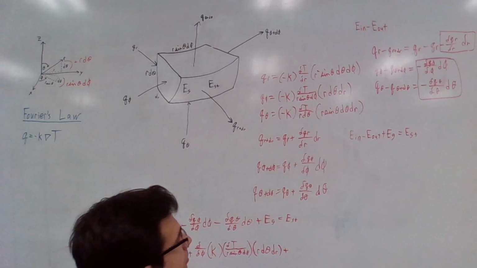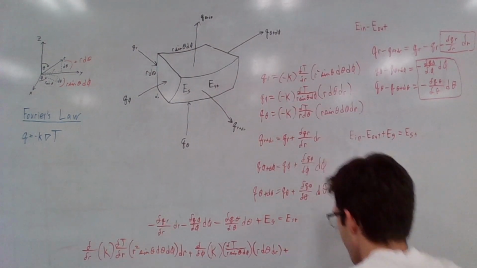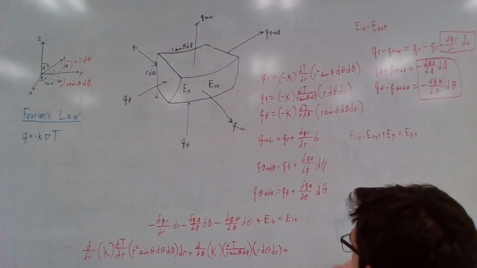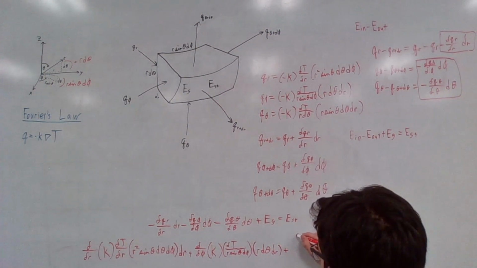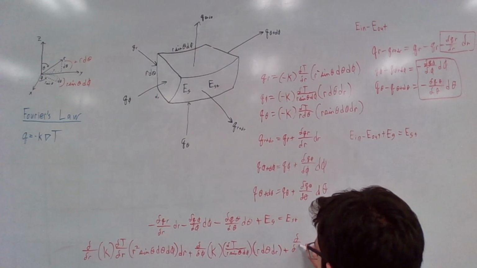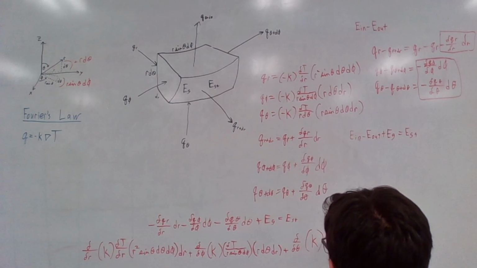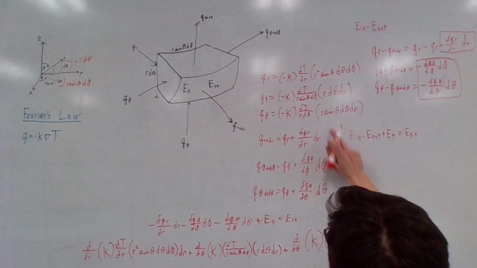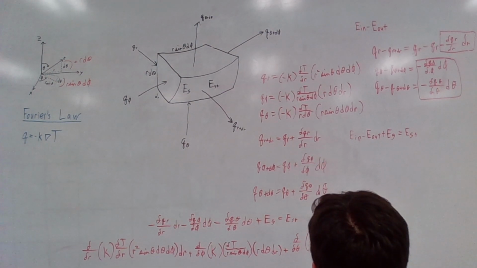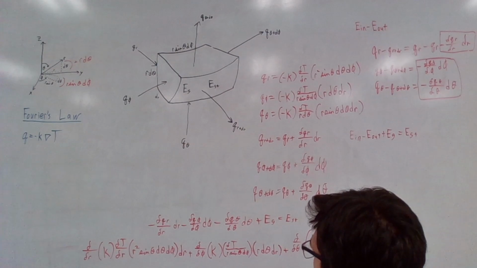All right, so change slides over here, and we're going to define this as our partial with respect to theta this time. Some thermal conductivity constant, our gradient of temperature, which is our change in temperature this time by r d theta, that distance there, r d theta.